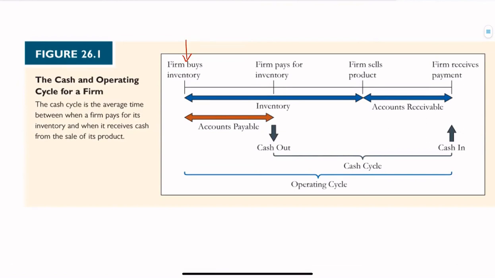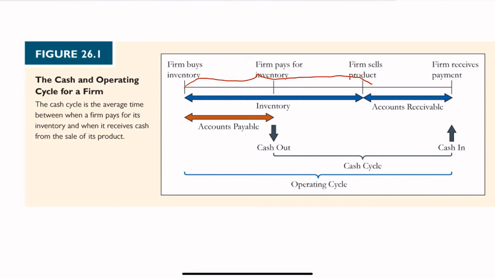So first the firm will buy some inventory, and the firm will pay for inventory. And then after turning the inventory into product, the firm will sell its product. And after selling the product, the firm will wait for a period to receive its payment from its customers. So this basically means the length between when the firm buys inventory and when the firm sells product would be inventory days, right?